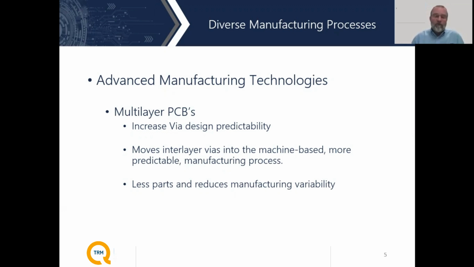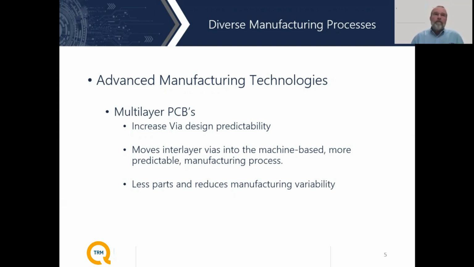Multi-layer PCBs offer several advantages. There are also downfalls. It's not always a win-win-win when you change technologies. The nice thing about multi-layer PCBs is that it allows you to get a lot of the mechanical interconnection between the layers of the circuit board into a machine-based manufacturing process.